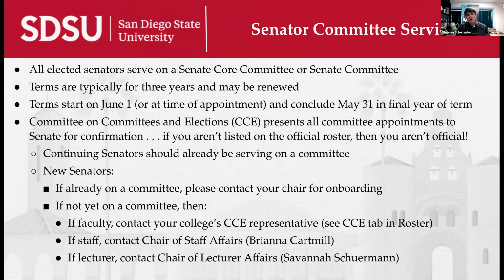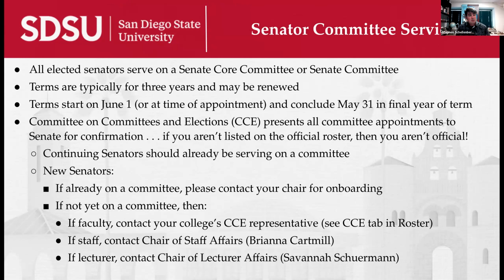So they will present committee appointments to the Senate for confirmation. If you're not listed on that official roster, you may be serving on that committee, you may be there physically, you may be contributing, but you aren't official. And we implore you and your chair to please reach out to Committee on Committees and Elections to share that you are serving in this role or would like to be serving in it.